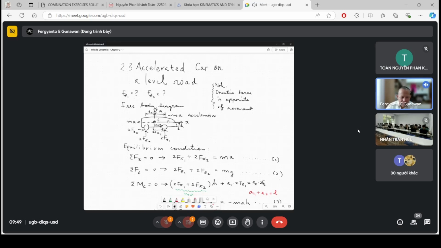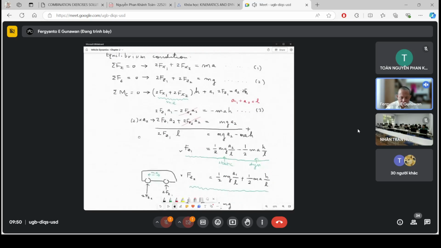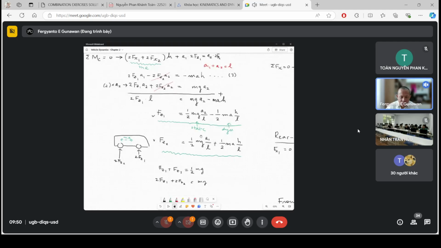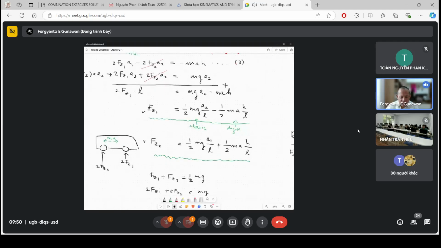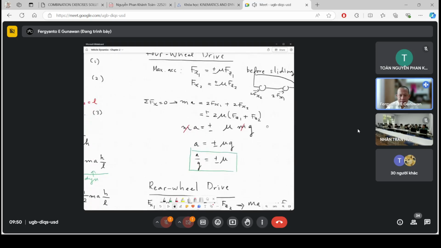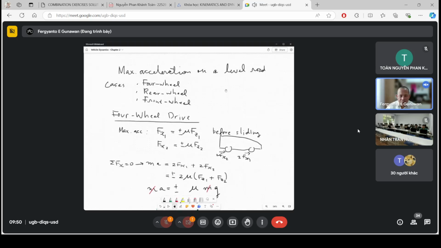This is the free body diagram where the inertia force is added and directed opposite to the movement. From here, we obtained the force on each of the wheels, front and rear. We also analyzed the maximum acceleration that can be achieved, and we have 3 cases: four-wheel drive, rear wheel drive, and front wheel drive.